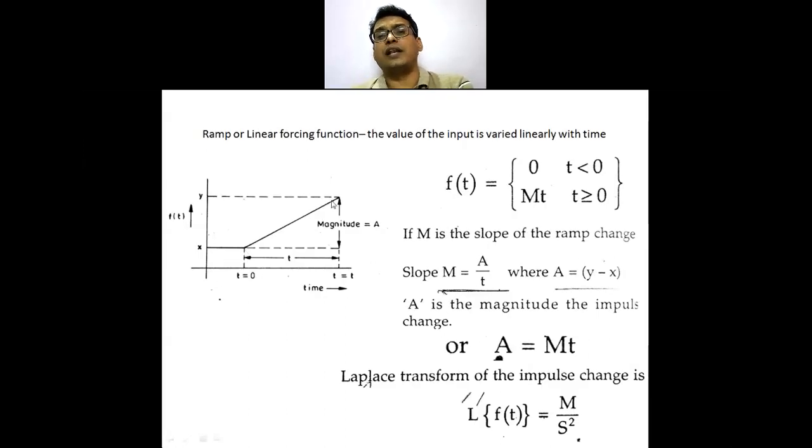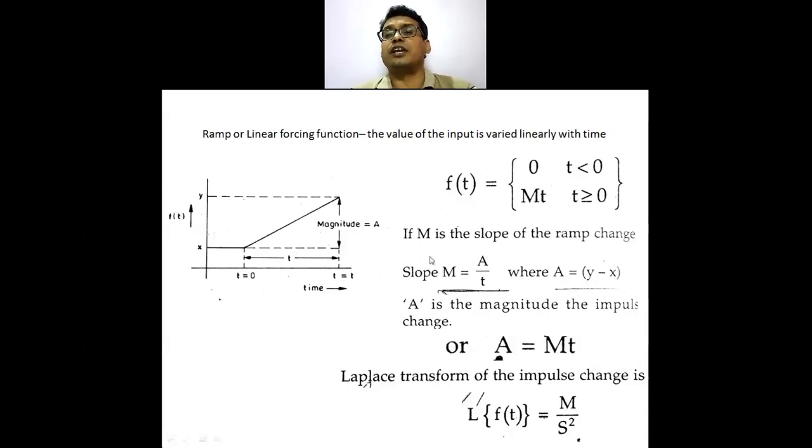It reaches an infinite value theoretically. So the magnitude of A is this at time t equals t. At time t equals t, the magnitude will be this only. So the magnitude itself is a function of time in this case.